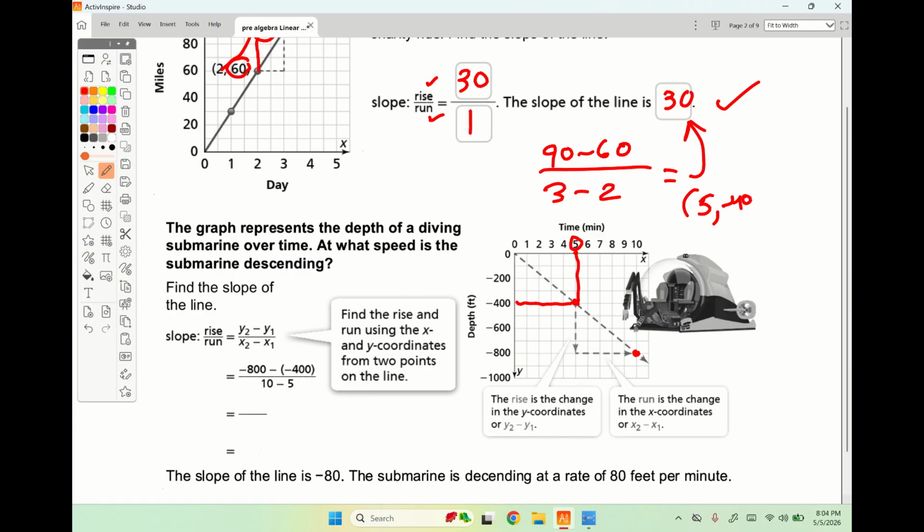So to find the slope, you just subtract the y minus the y, which is what they did up here, over the x minus the x at the bottom. That gives you negative 400 on top, 5 on bottom, and then your answer is negative 80. Make sure you simplify at the end to get the slope. Alright, let's move it along here.